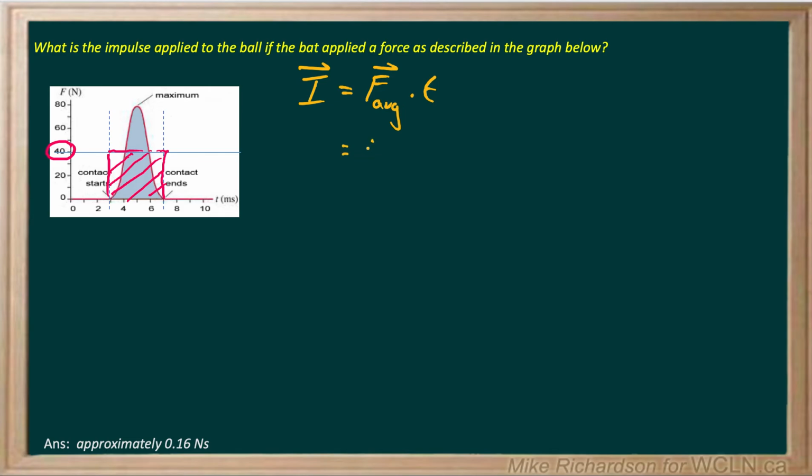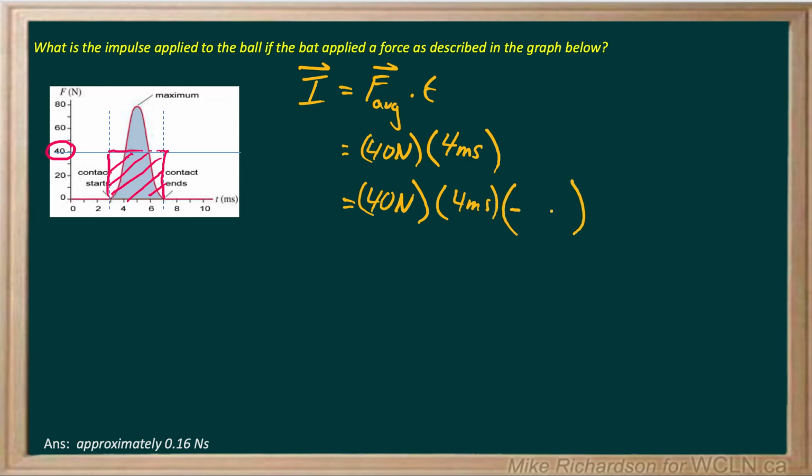Average force is 40 newtons. The time of contact goes from 3 to 7 milliseconds, so that's 4 milliseconds. Now we're going to have to convert that. Has to be seconds to get the correct units for impulse. So 4 milliseconds, when I convert, there are 1,000 milliseconds in 1 second. So I want to get rid of the milliseconds and get seconds.